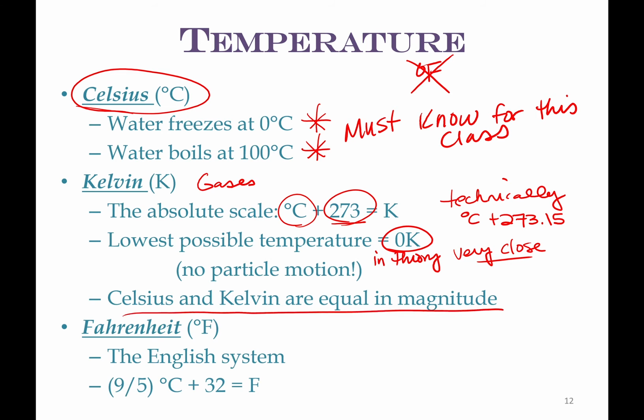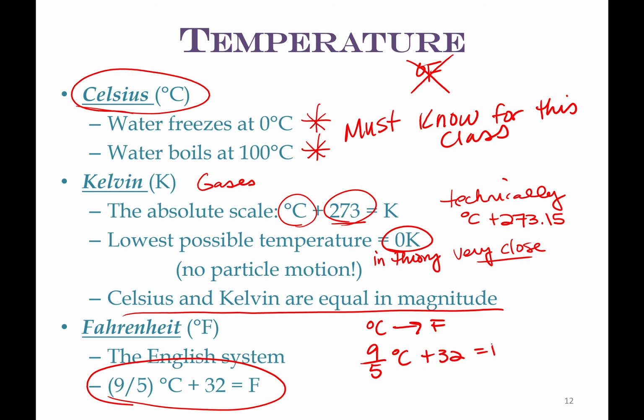Celsius and Kelvin are equal in magnitude. I'll show you a thermometer on the next page, which will show you that. But the English system, the Fahrenheit system, is not. In general, the English system is not good overall. To go from Celsius to Fahrenheit, you have to take 9/5 times the Celsius degree plus 32 to get to Fahrenheit.